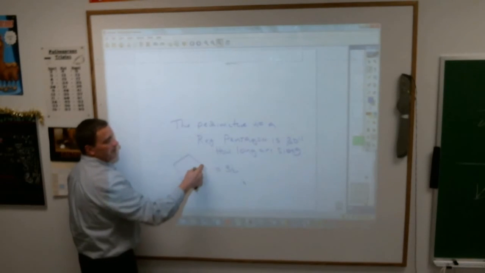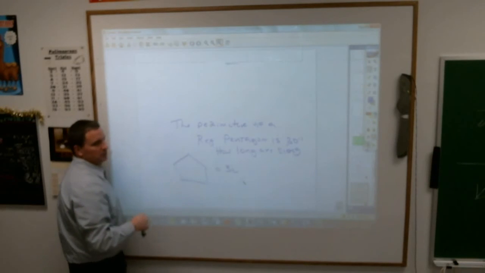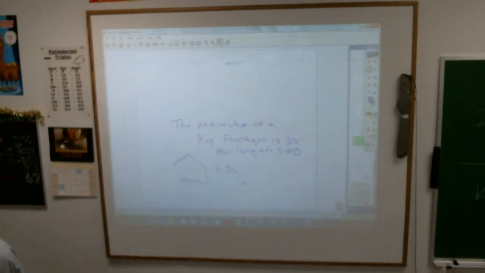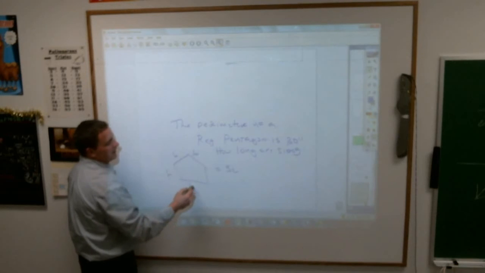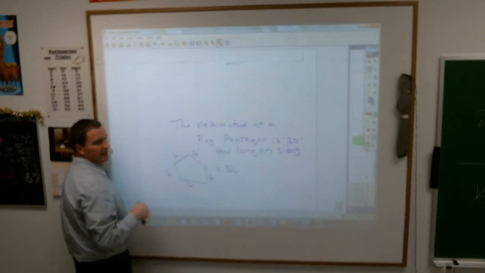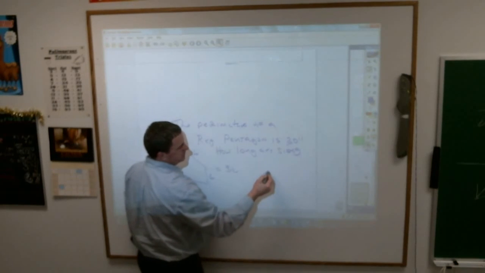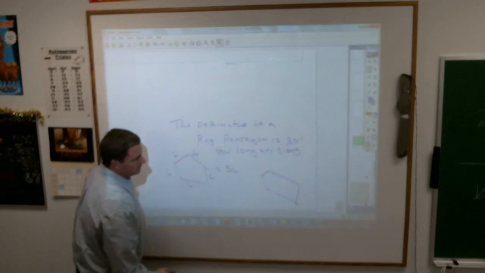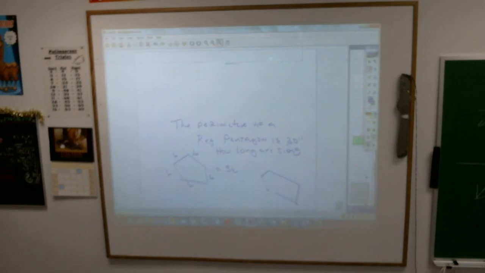If you take 30 and divide it into 5 equal pieces, every side would have to be how long, Alex? 6 inches. But if it didn't say it was regular, there's no way you could tell what each side was because they could all be different. You could have one that's 1 inch, you could have 7 inches, whatever. So it's important that you know what regular means because it means the sides are equal.